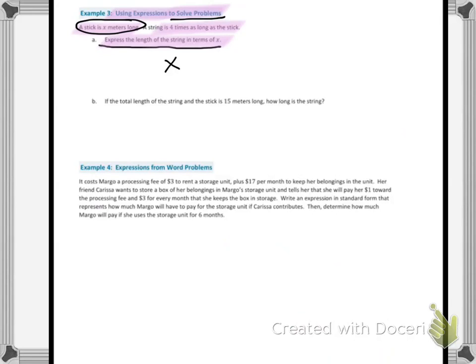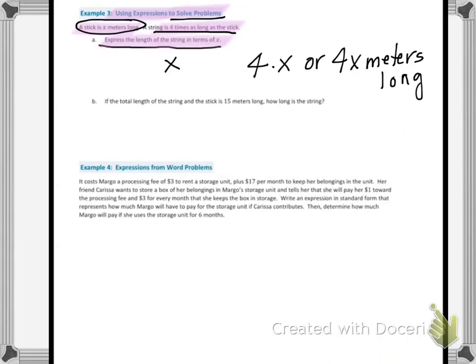Then, if we know that the string is 4 times as long as the stick, then the length of the string is going to equal 4 times x, or 4x meters long. The length of the stick in meters is x.